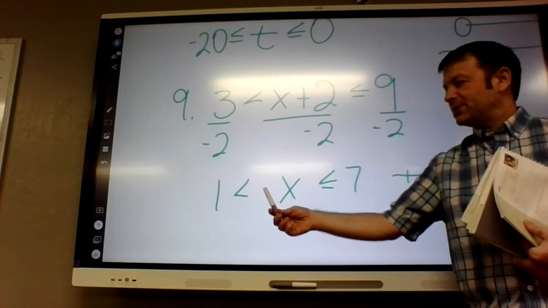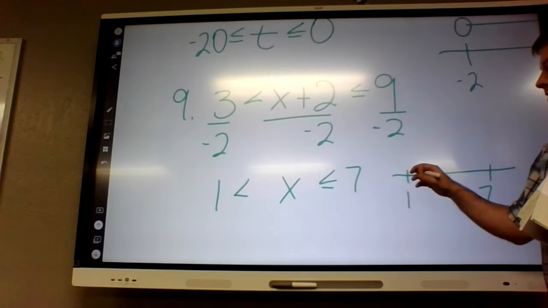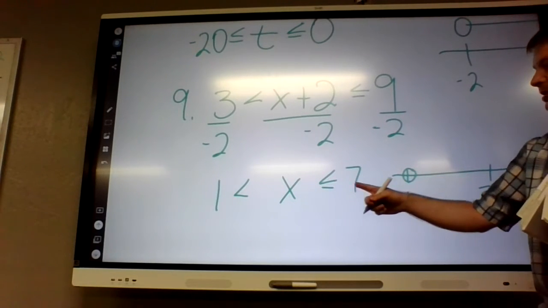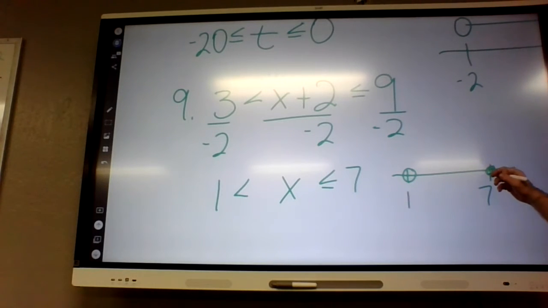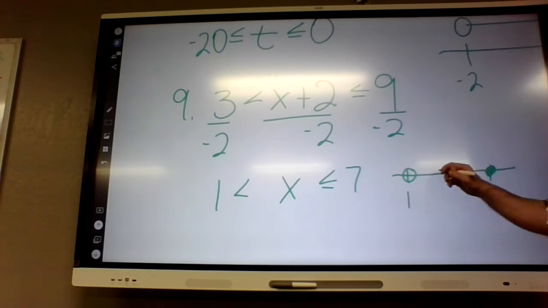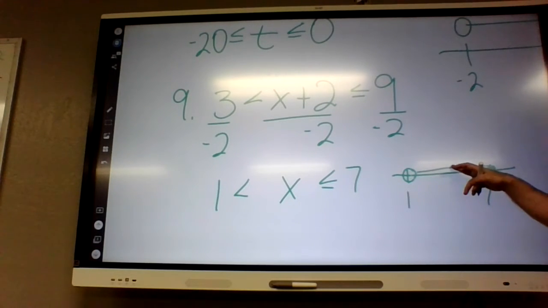This is saying x is greater than 1, so we're going to put an open circle at 1. This is saying x is less than or equal to 7. So it's basically all the numbers between 1 and 7. And that would be the graph.